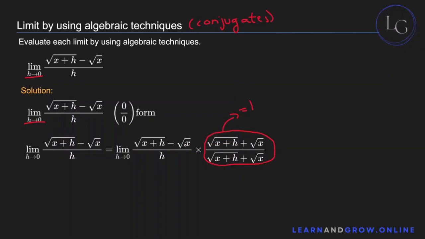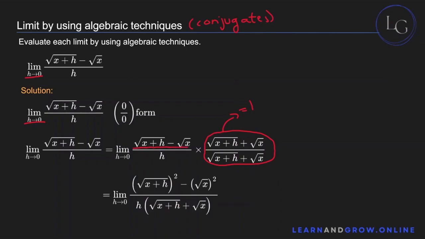You multiply the numerator and the denominator with the conjugate of the numerator, okay? And in some cases you have to multiply it with the conjugate of the denominator. It depends on which one is more complex here. Because this simple h over here, you cannot do anything with it.